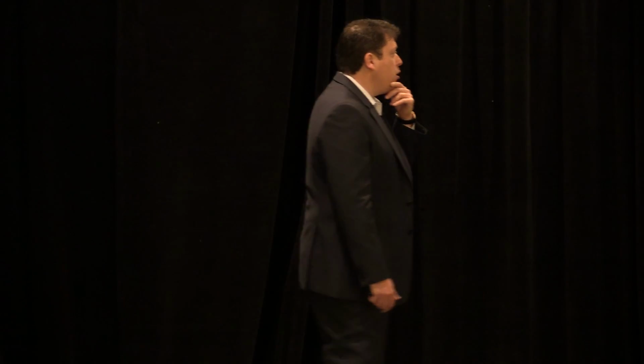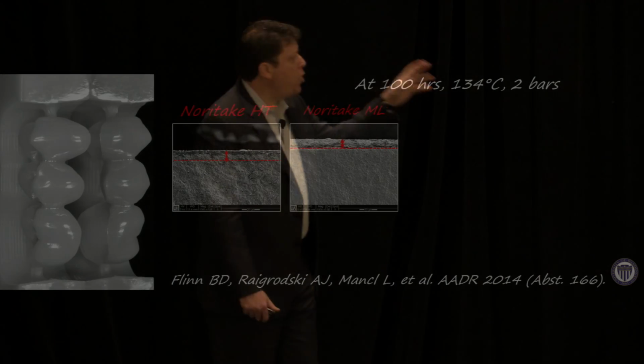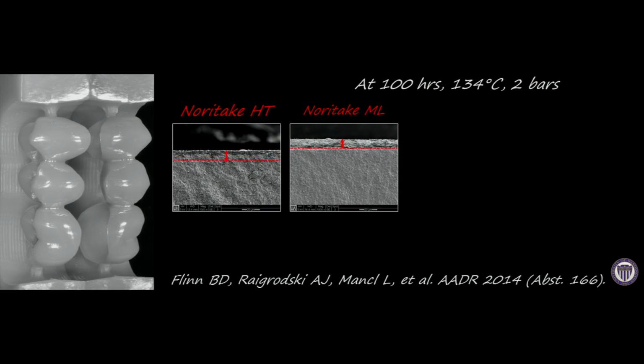And how come those materials became stronger? This is kind of out of what we usually see. And the answer is very interesting. I'm not going to go into all the dental material science behind it, but the point is that those materials, the Katana HT, the Noritake HT, and the Noritake ML, showed lesser changes in terms of their particles after the aging.